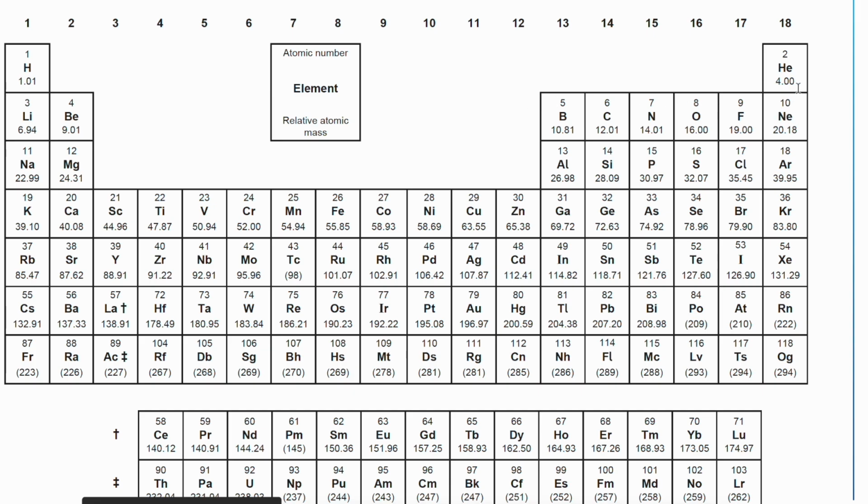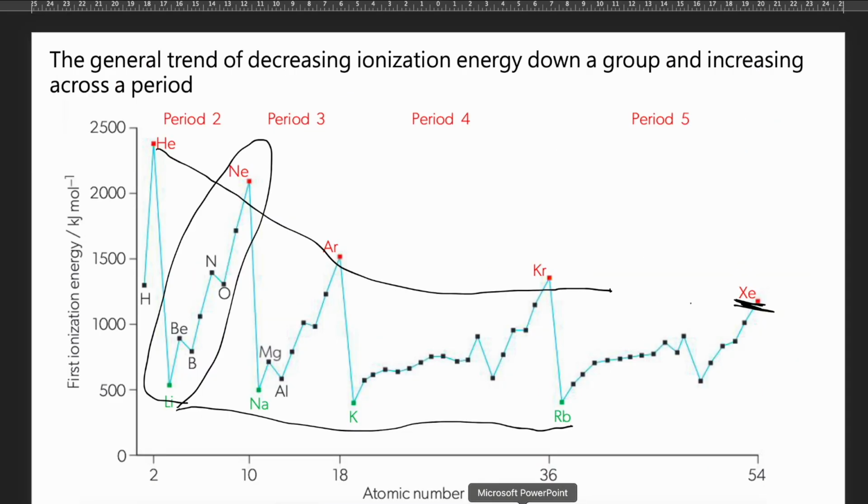So this will cause greater attraction forces, and the charge also increases, +1, +2, +3, right? So the attraction between the electrons and the nucleus becomes stronger. Therefore, it's difficult to remove the electron. That's why across a period, the ionization energy increases, but down a group it decreases, because the attraction forces across a period get stronger, and down a group get weaker. Okay? Due to across a period, the atomic radius getting smaller, down a group the atomic radius getting bigger. All right?